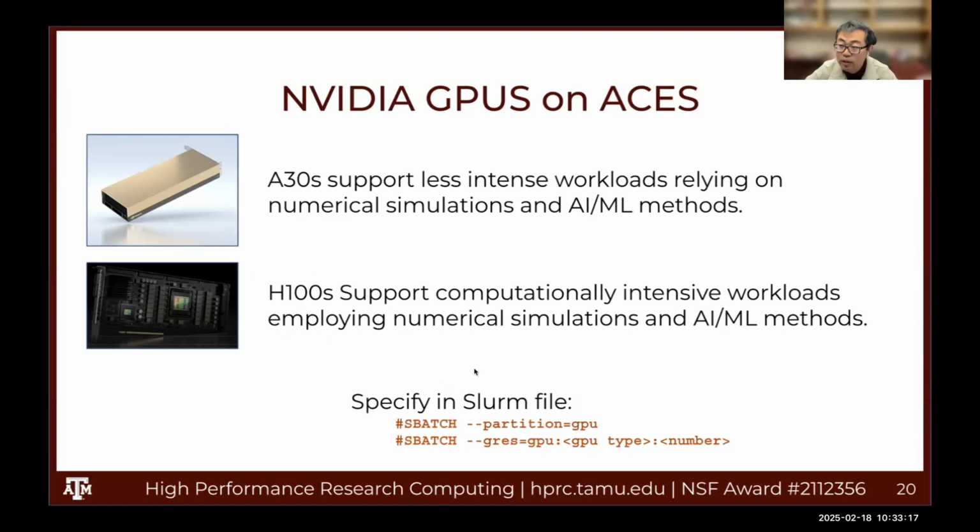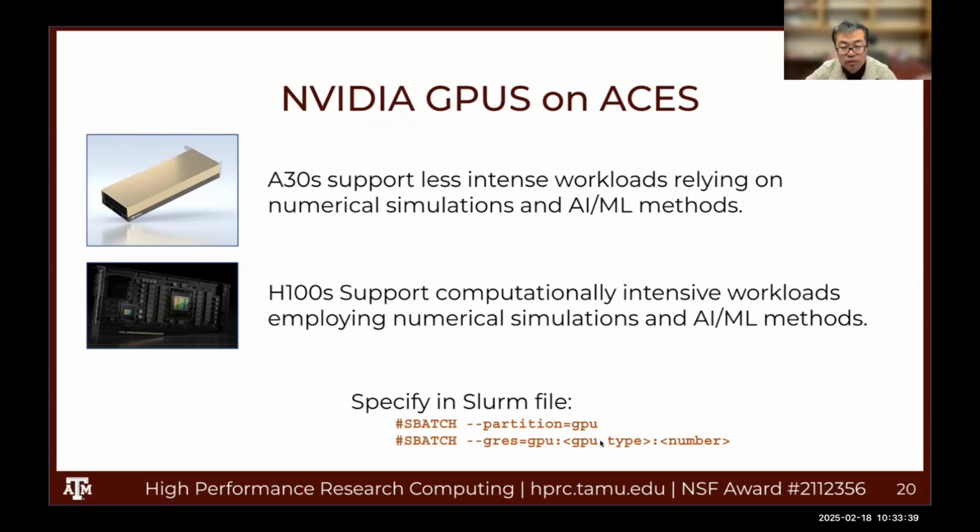So how can you use these NVIDIA accelerators? They are in a Slurm partition called gpu. You will put this line into your Slurm job file, and also put a generic resource, the --gres, and you can put gpu.